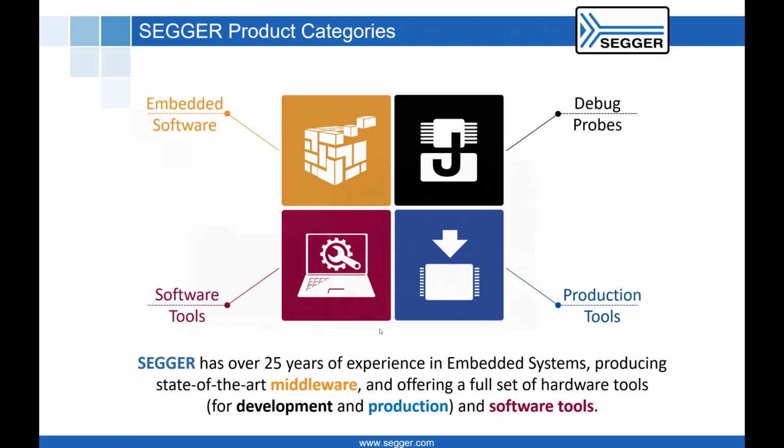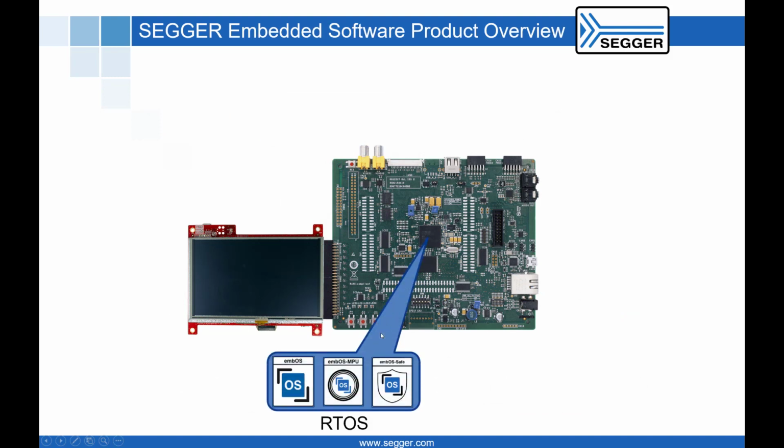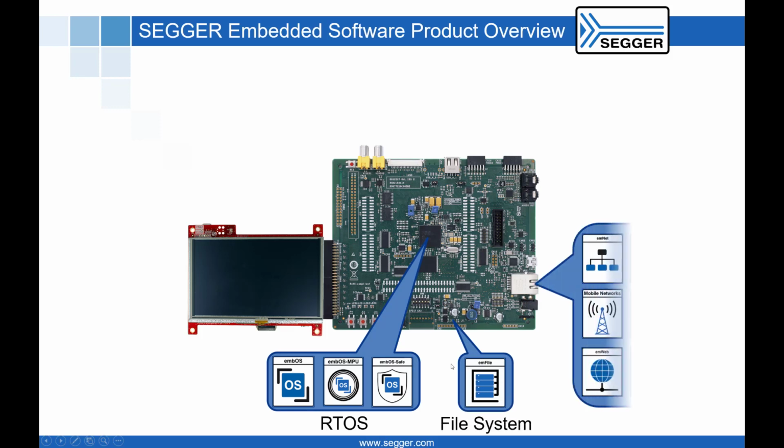So let me just give you a quick overview on the embedded software that we have. We do offer software that's very typical that you need for a modern embedded system, for example, a real-time operating system. Ours is called embOS, which is also available in a safety certified version, embOS-Safe. You probably need a file system. We have emFile for that.